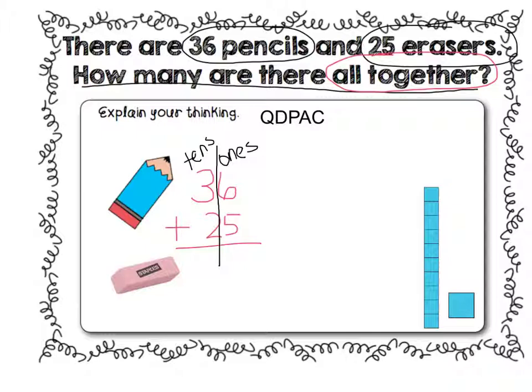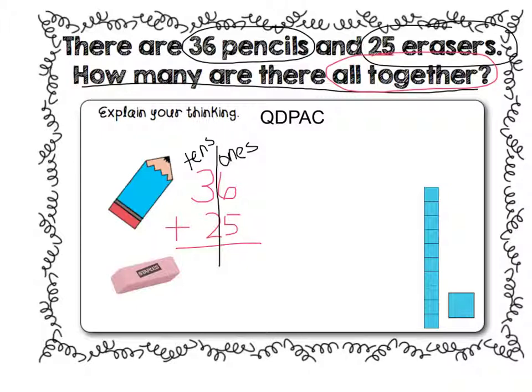Now, if I know how to solve this problem, I'm just going to do it. I'm going to add these numbers together. I'm going to begin in the ones place, adding 6 plus 5, and I'm going to use a very simple strategy, which is doubles plus 1.